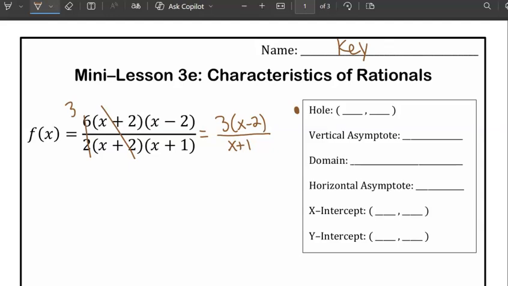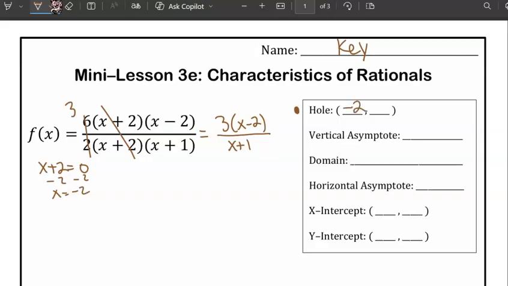To find the coordinate for the hole, we're going to set what canceled equal to 0 to find the x coordinate. x equals -2.